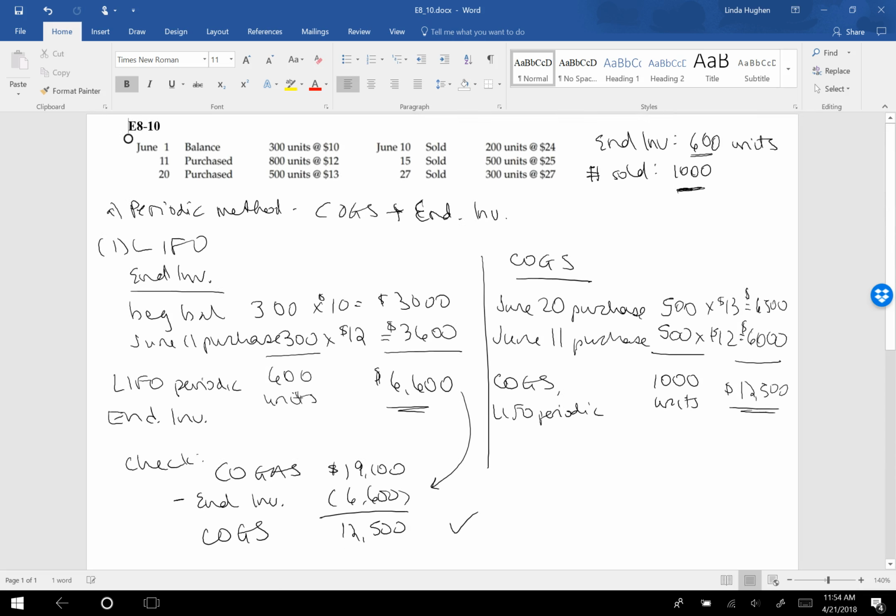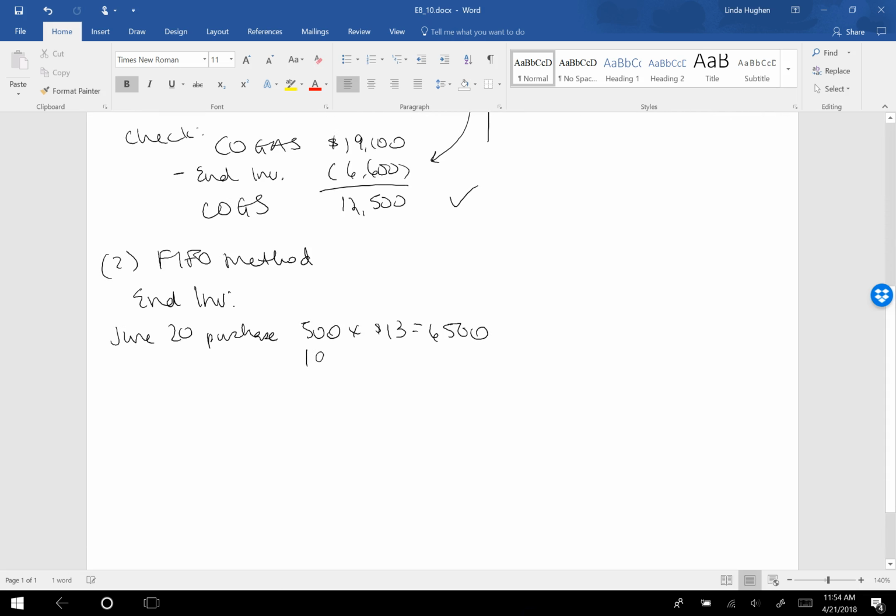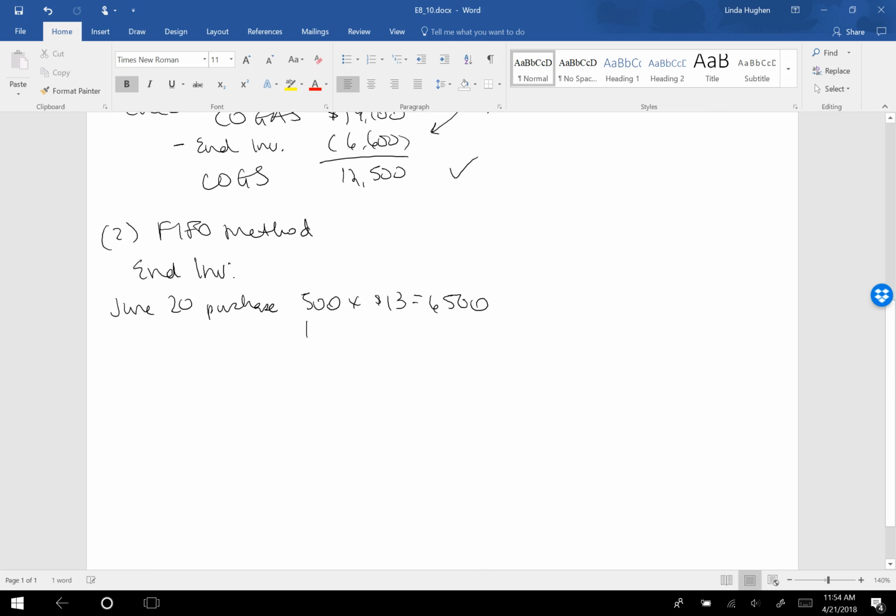And we've accounted for 500 of the 600 in ending inventory. The remaining 100 units must be from this June 11th purchase at $12. And so where did I get the 100?